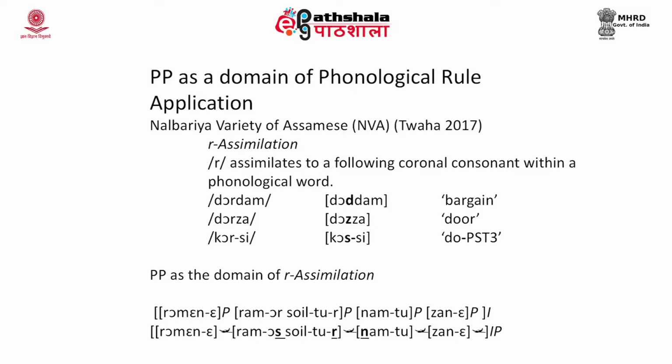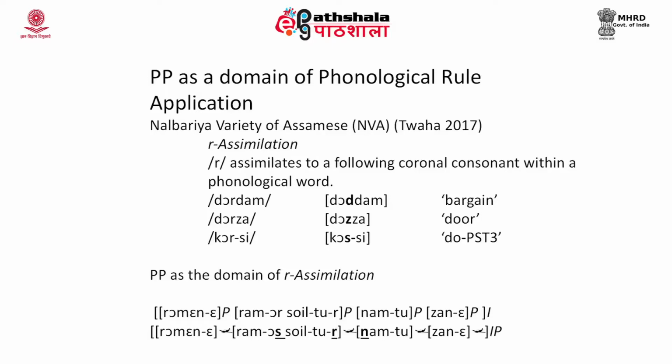But in order to predict the correct result, we find that it has to apply not only within the word, but must be allowed to apply even across words, provided they occur within a phonological phrase. So we have a sentence given here from Assamese.